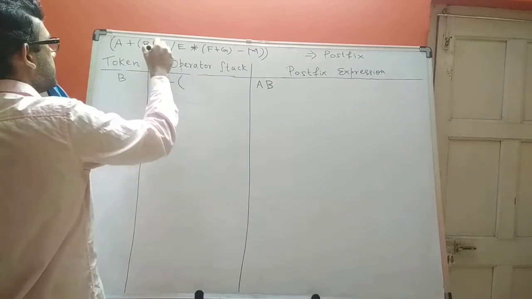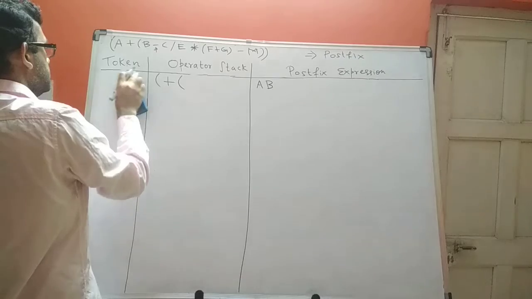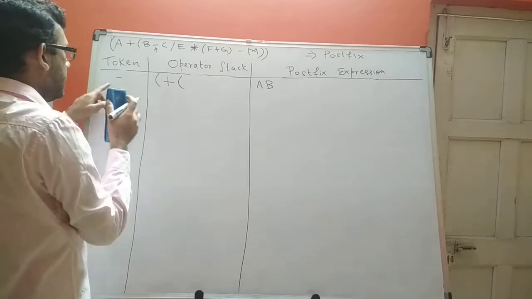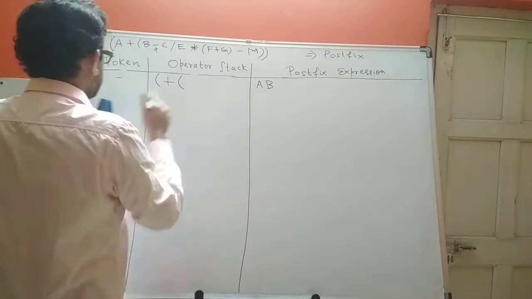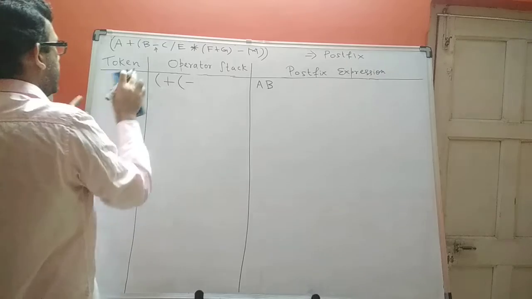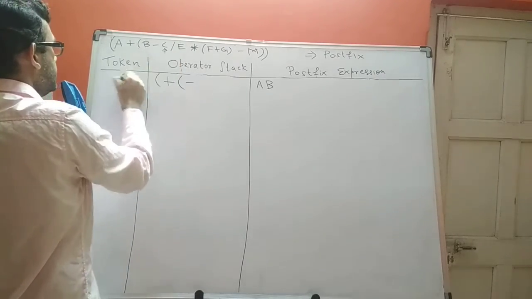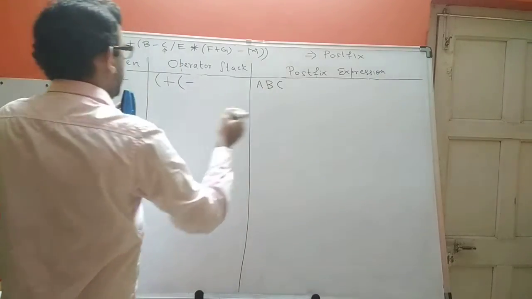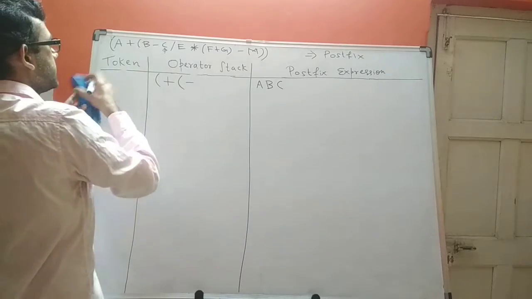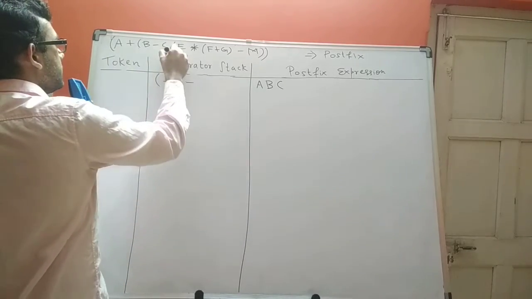Next comes minus. Minus is an operator and it has higher precedence than opening parenthesis, so I will push it onto my stack. Next comes C. C is an operand, so I'll add it to the output. Next comes division.